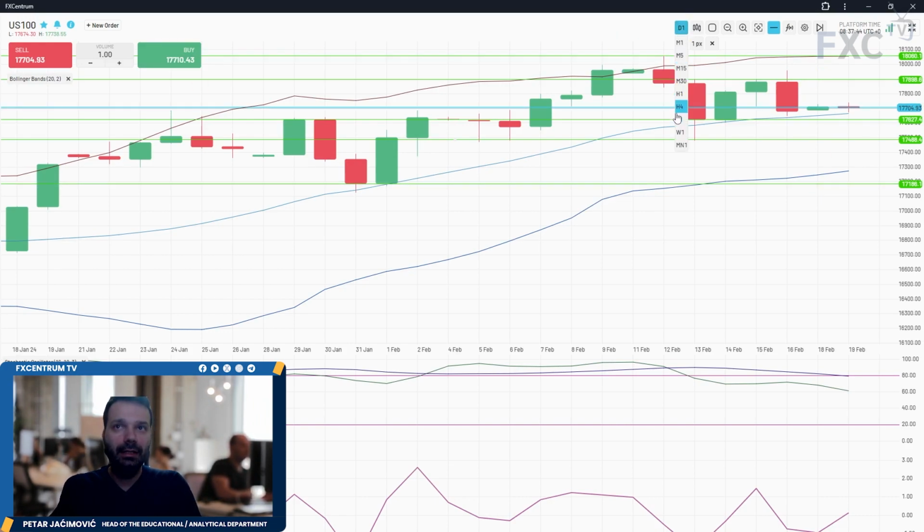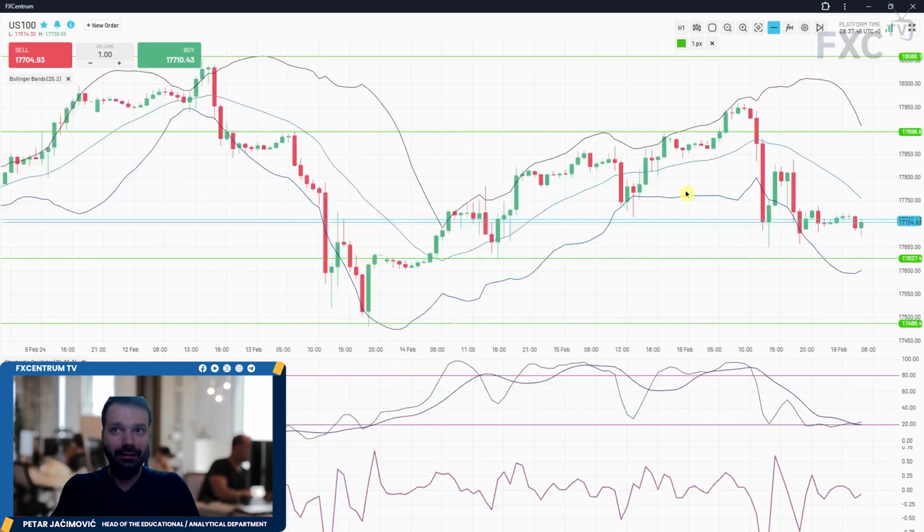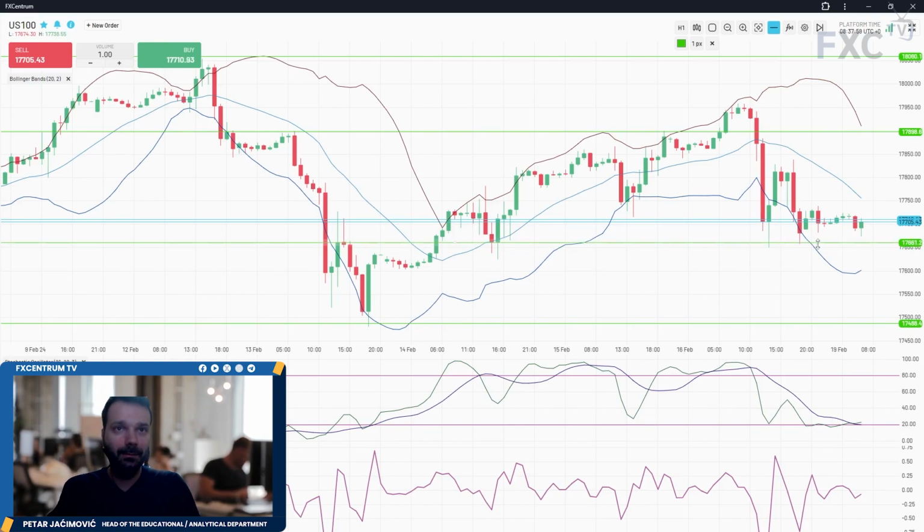If we go and check the lower frames, like hourly time frame, we can see here that this can be the bear flag and potential for the retest of the lows around 17,680 mark, and then the low here at 17,488. So there is a chance for this to be like a bear flag and that there is a downside continuation.